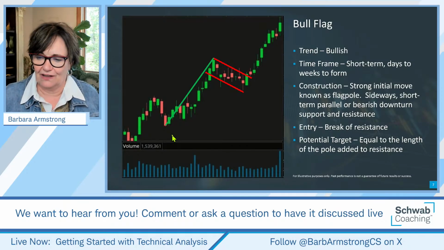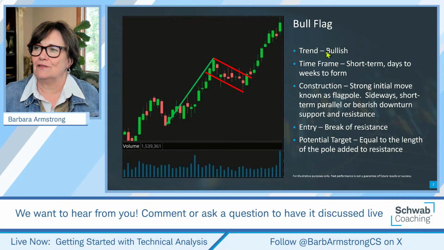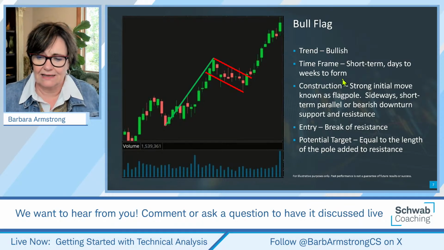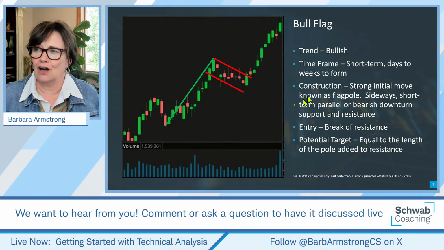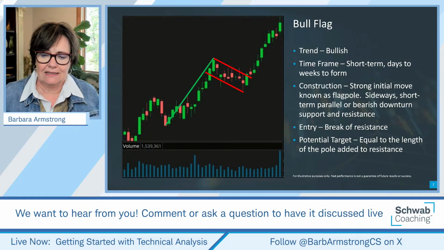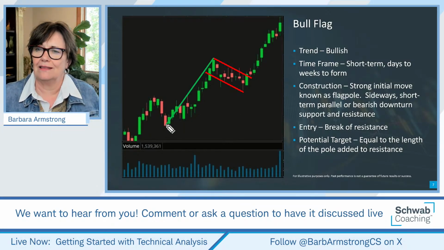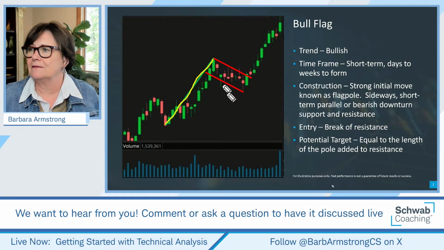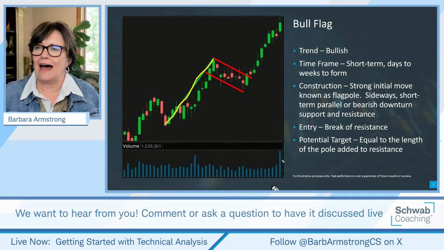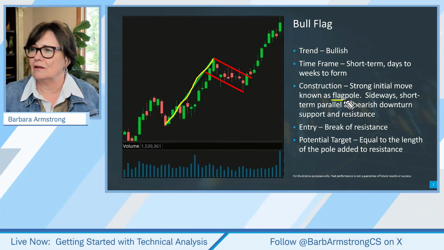So this is a bull flag, and this is a bullish pattern. If it's short term, it's going to take days to weeks. If you're looking at it over a longer term, it could be weeks to months. This initial move here, we call that the flag pole.